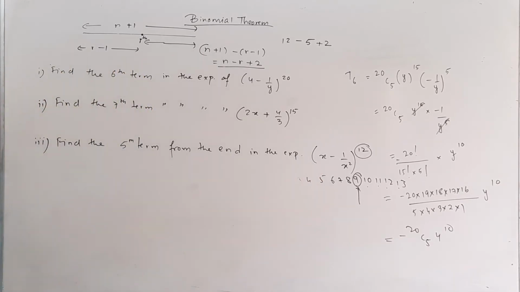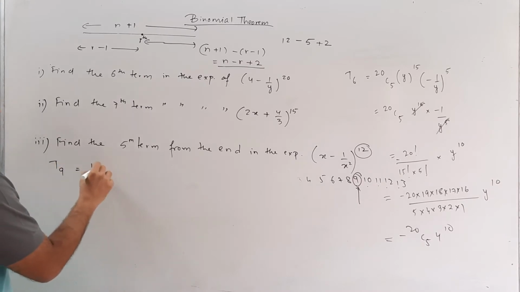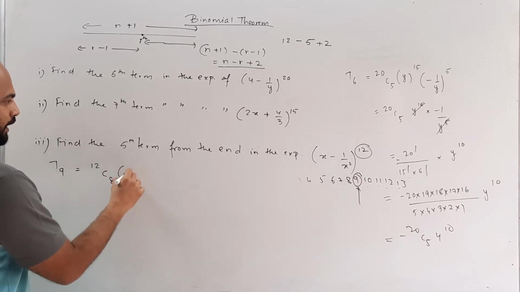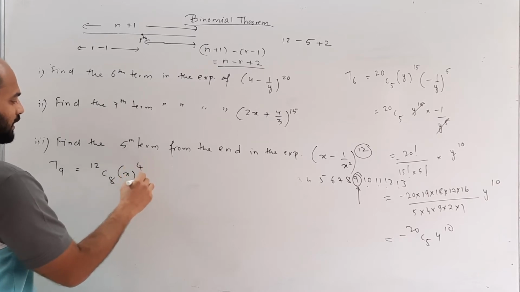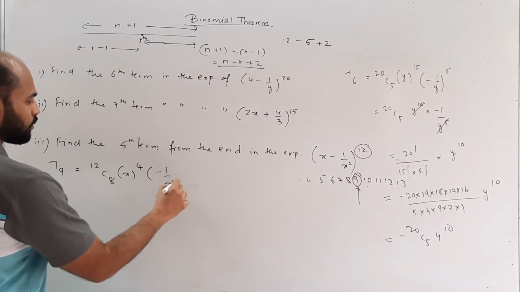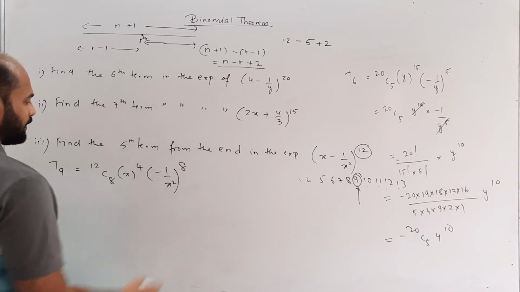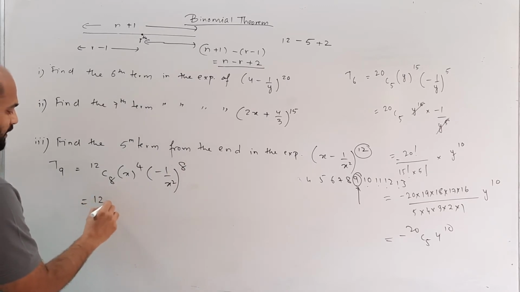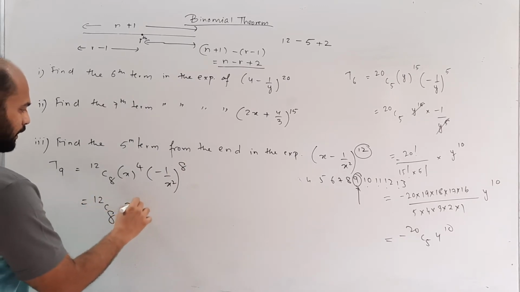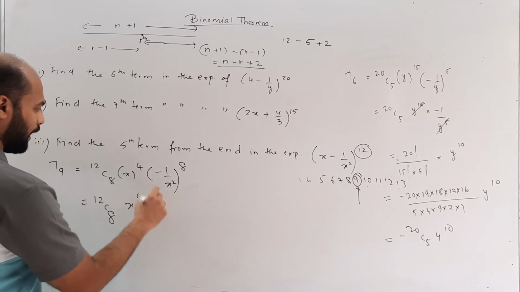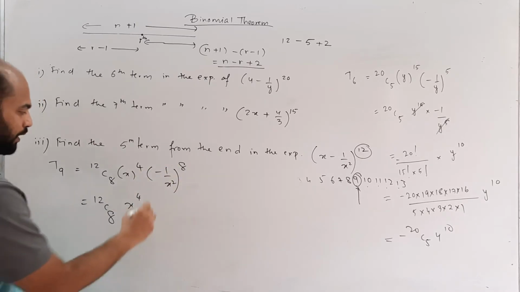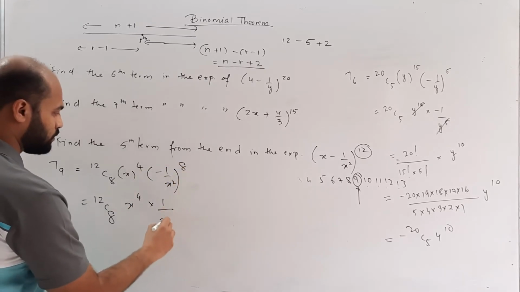Let us do that. So the expansion is T9. It's going to be 12c8 x raised to 12 minus 8, that is 4, and minus 1 by x squared, which is going to be 8. So overall we get 12c8. Let us keep it like this. This is x raised to 4, minus 1 raised to 8 is going to be 1, of course, x raised to 16.